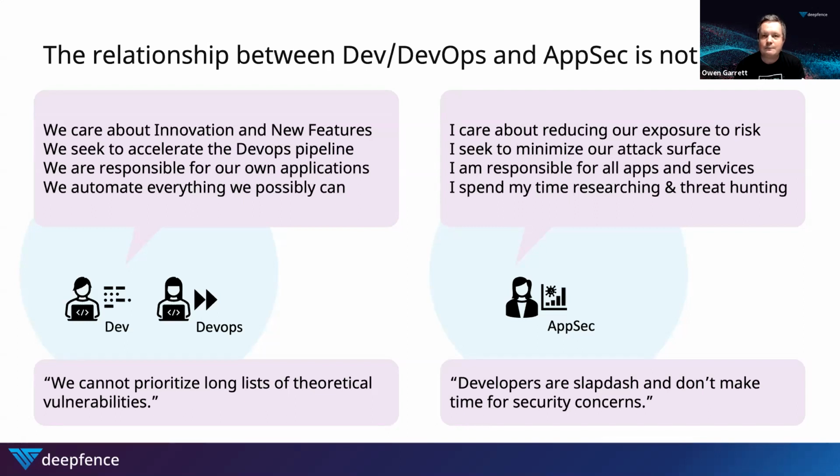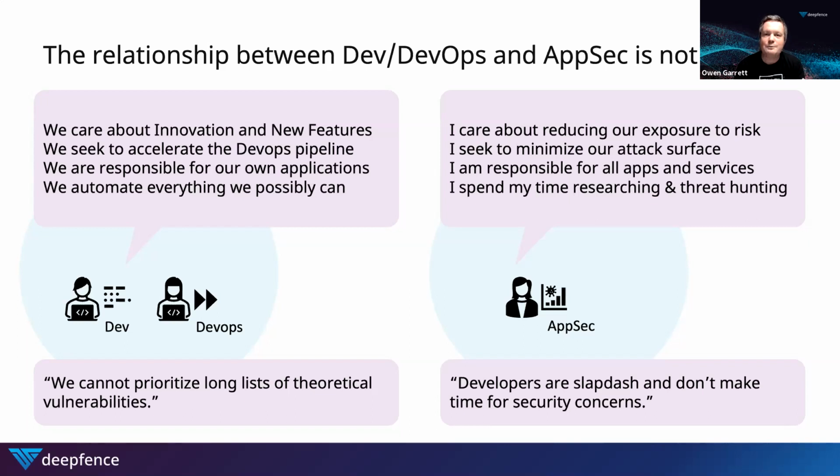On the other hand, once an application is running in production, responsibility for the security and the integrity of that application typically sits with a separate team. It may be platform operations or operations, it might be SecOps, it might be app security. It goes under different names.